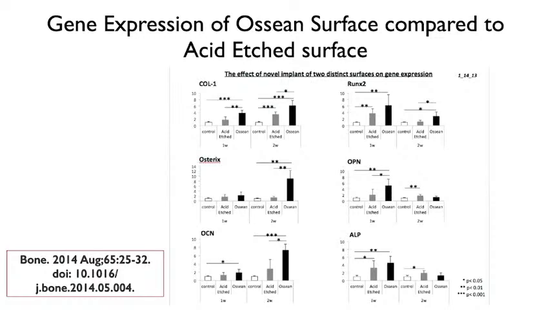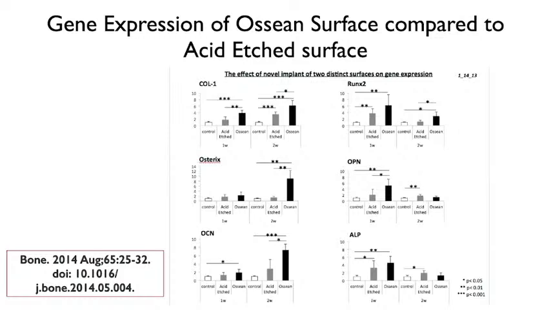The proteins on the left are specific to bone formation. They are collagenase, osterix, and osteonectin. And on the right, there are proteins that are specific to bone maturation and mineralization: Runx, osteopontin, and alkaline phosphatase. And if you look at the Ocean, you can see the peak of gene expression, which is so much higher for the Ocean surface.